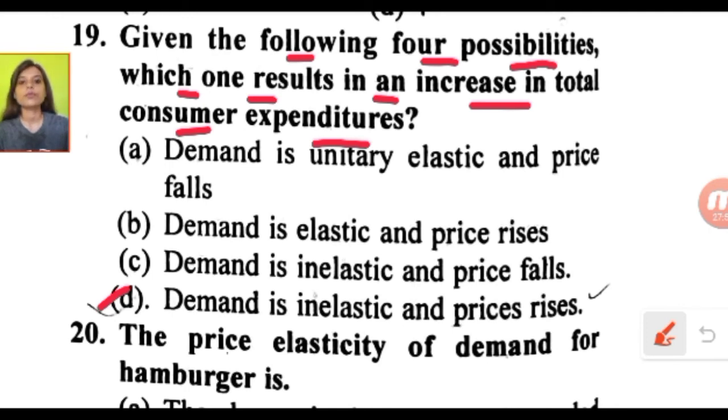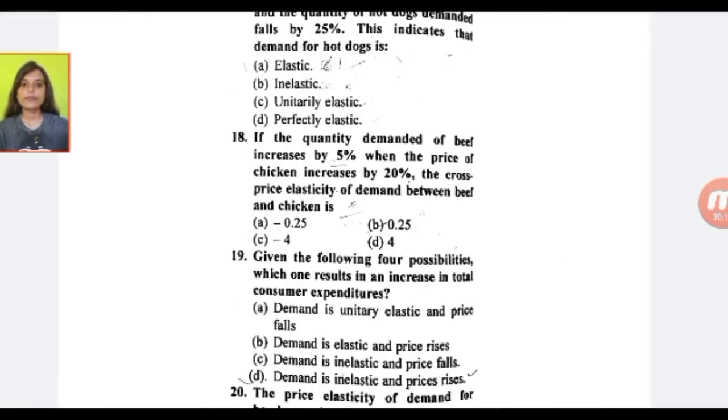If the price rises with inelastic demand, total expenditure increases, and if the price falls, the demand is elastic. In the present case, when total expenditure increases, demand will be inelastic with a rise in price, because there is a direct relationship between the price and the total expenditure. So that's it for today's class.